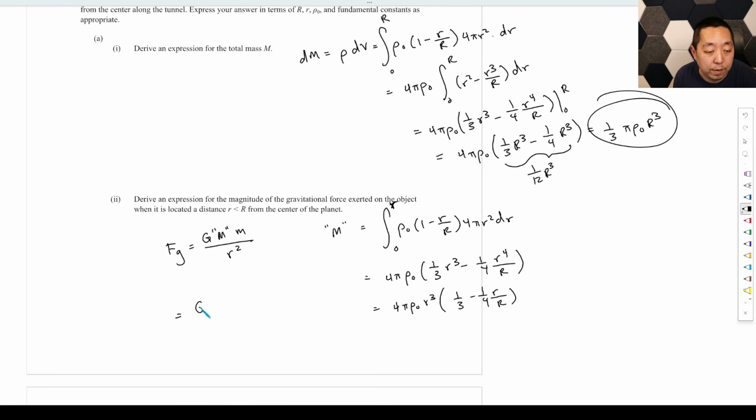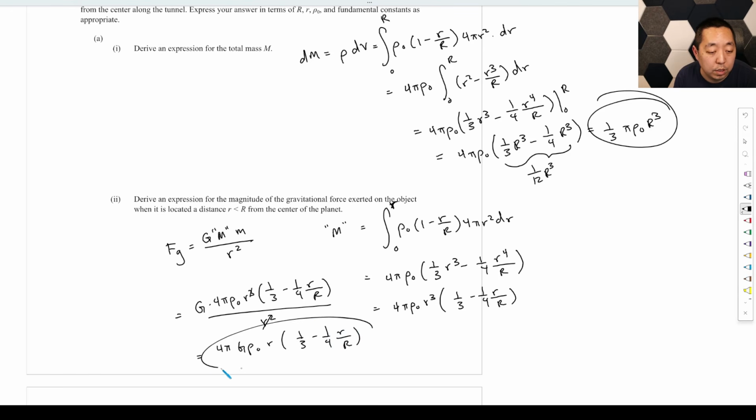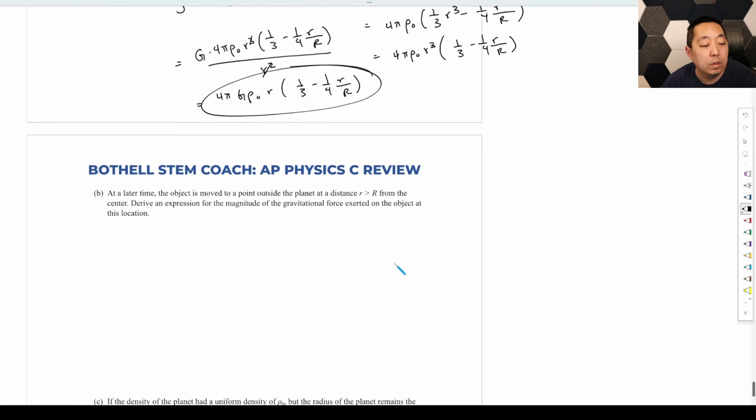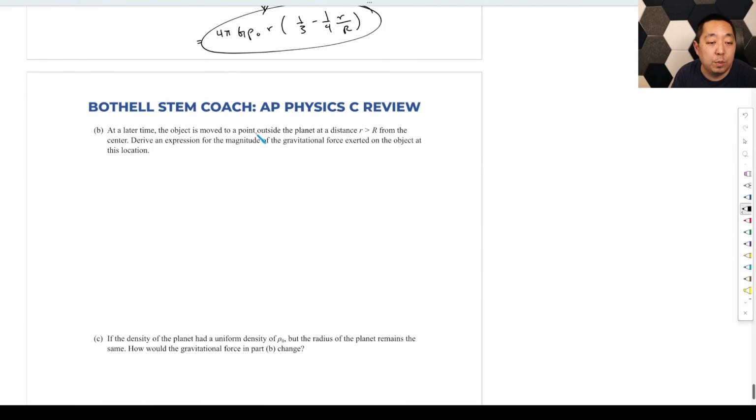And so the force of gravity is going to be G times that mass, 4 pi rho 0 r cubed, 1/3 minus 1/4 r over big R, all over r squared. That's going to cancel, so you just get this: 4 pi G rho 0 r, 1/3 minus 1/4 r over big R. Okay, at a later time, the object moves to a point outside the planet, distance r greater than R from the center.